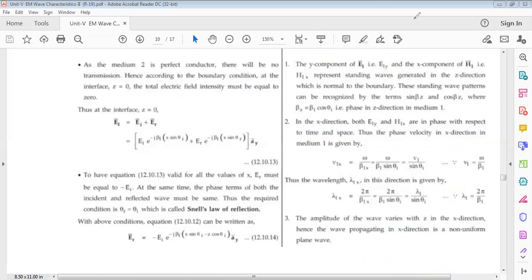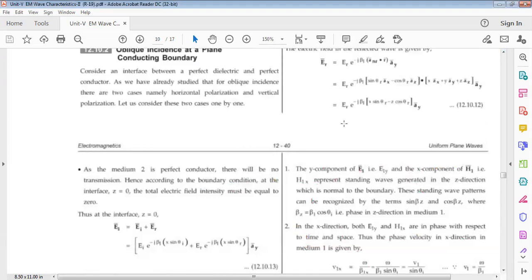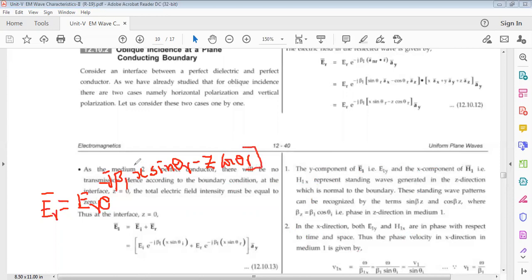You see there, in the last class, we derived that ER bar is equal to ER, a coefficient, e power minus j beta 1 x sine theta r minus z cos theta r into AY bar.